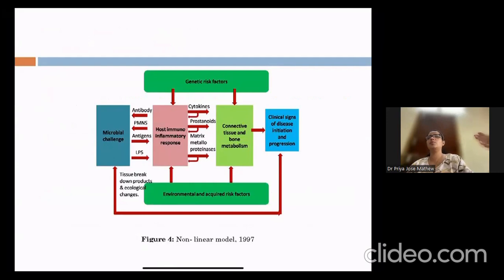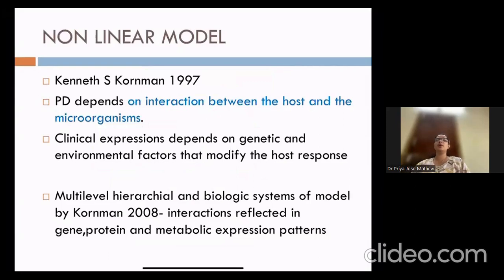At the uppermost part we have genetic risk factors, and on the lower side they have considered the environmental and acquired risk factors.